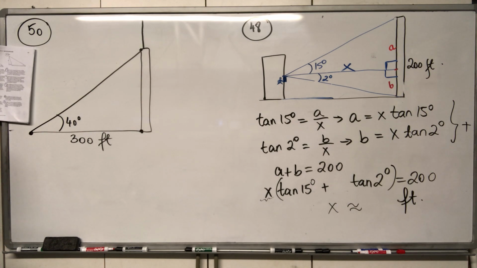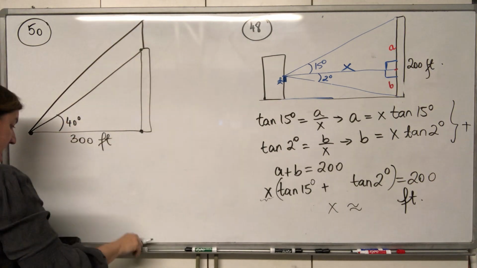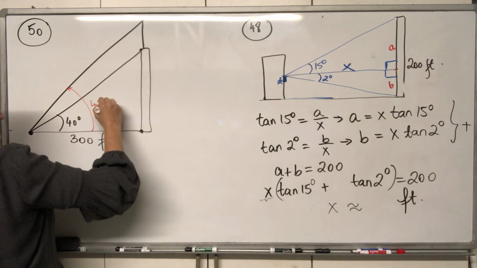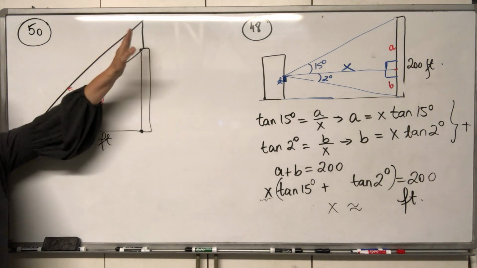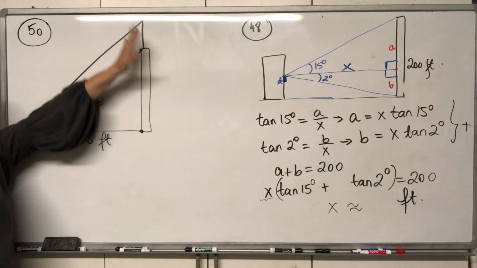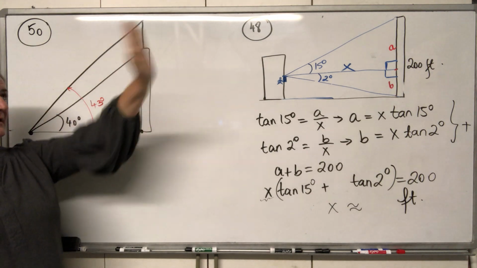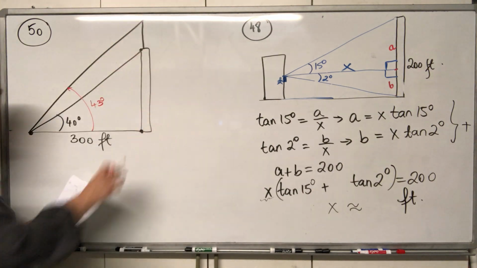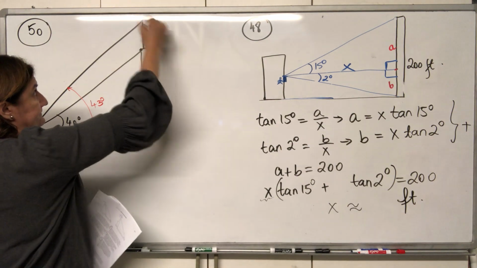From the same location, the angle of elevation to the top of the antenna is measured to be 43 degrees. Okay. It kind of is blurry, but once you look at it from here, you see it as one straight line, the antenna plus the building. Good. Find the height of the antenna.